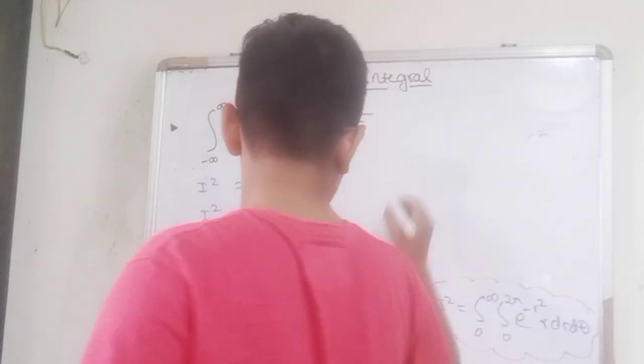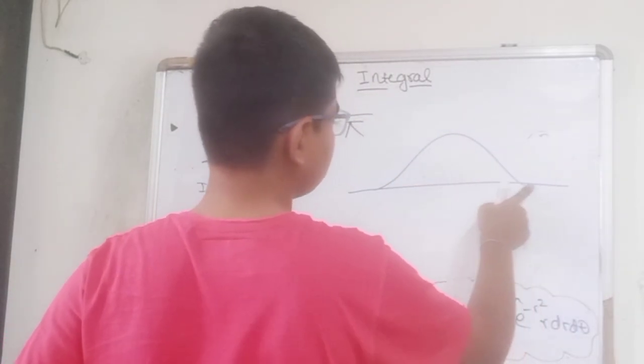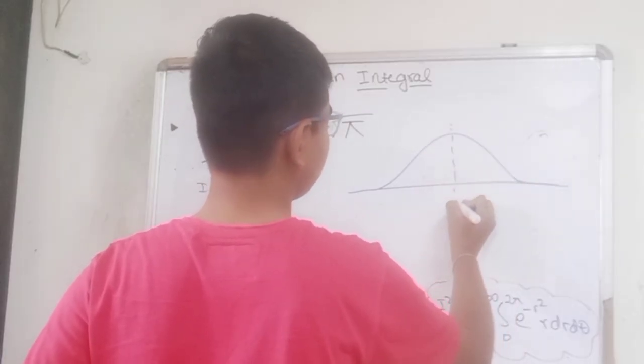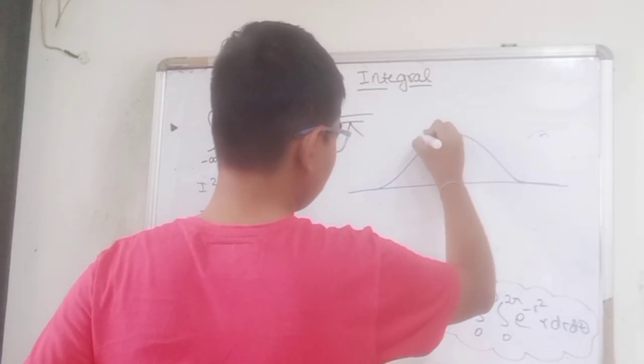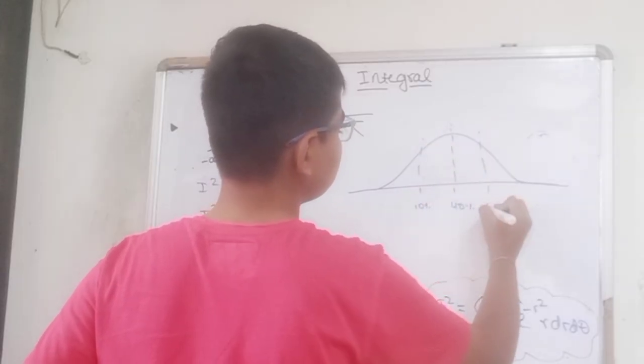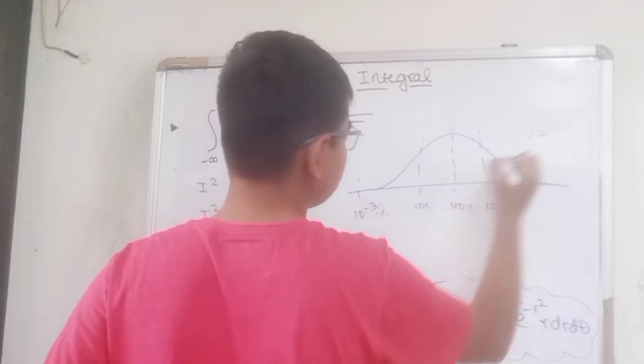So, for example, if the particle's probability here is 40% highest, here it will be 10%. And then here is 10 to the power minus 3%.